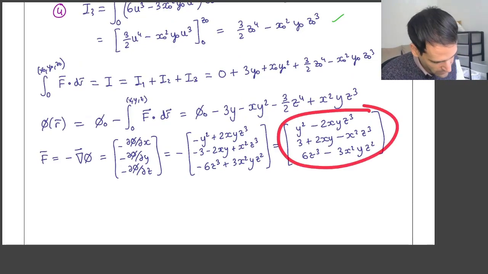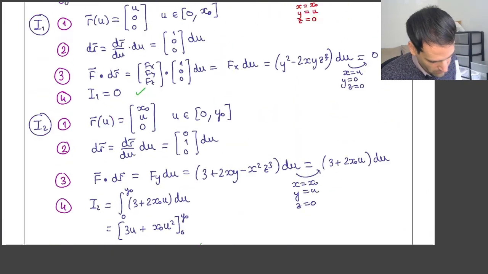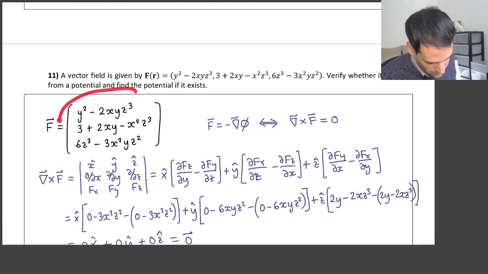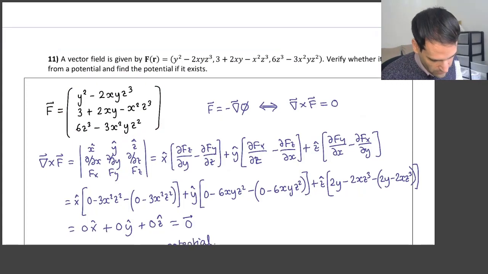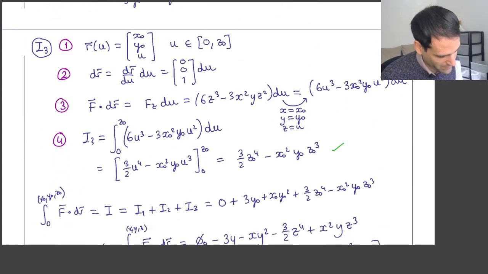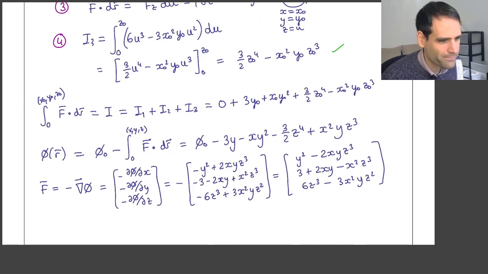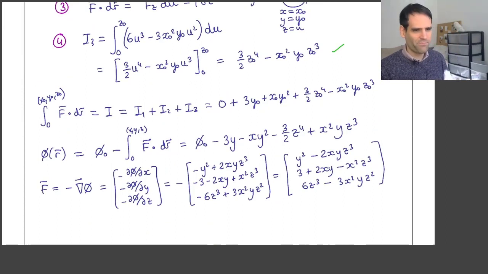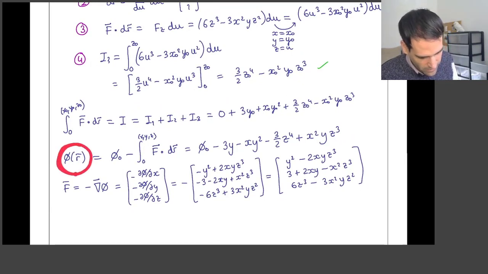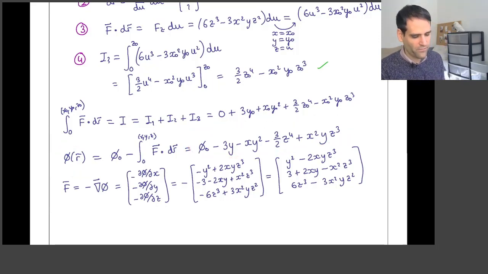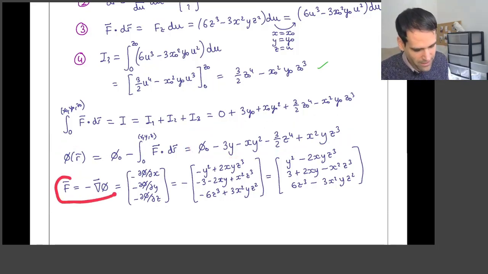We have to compare this with this. And the answer is yes, it is. So it worked. Okay, let me double check that with my other screen. Yes, that's correct. So we have very quickly checked that the scalar potential that we found is indeed the scalar potential from which this vector field derived.